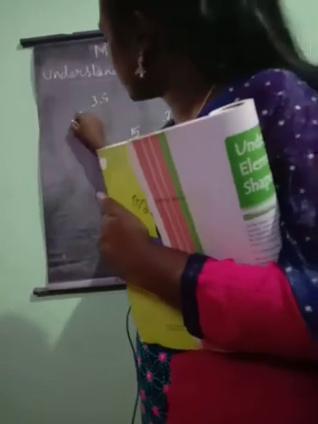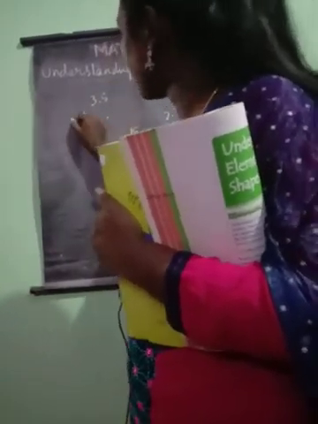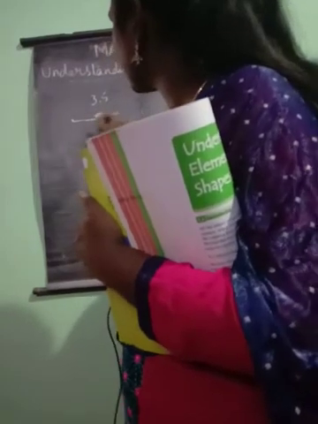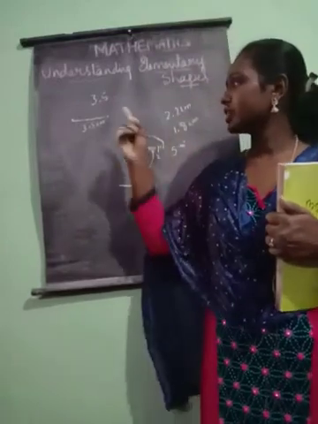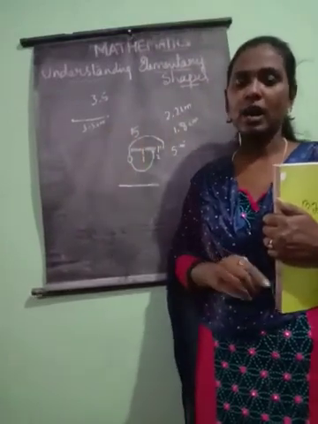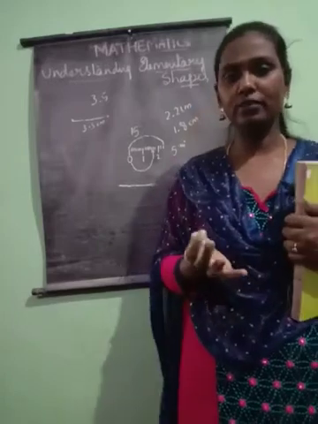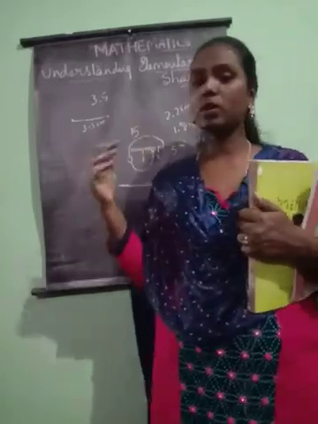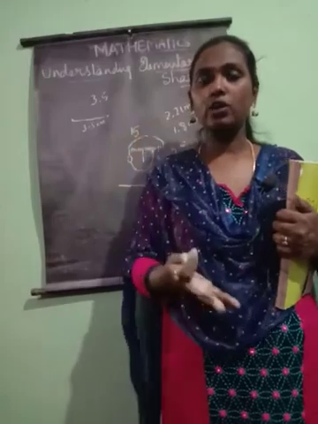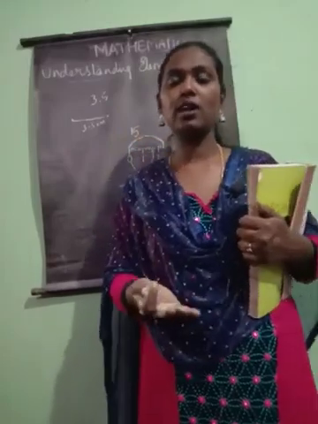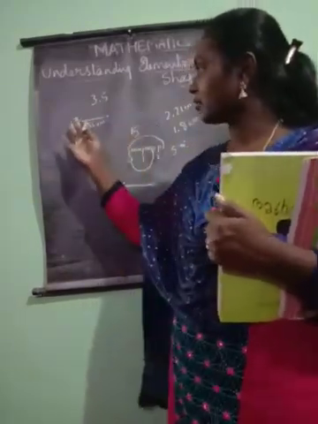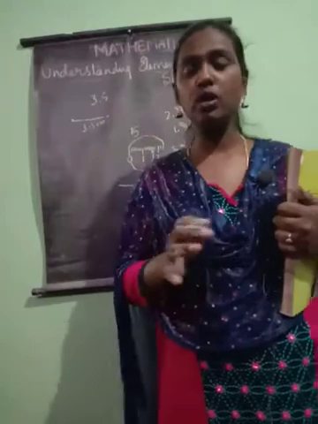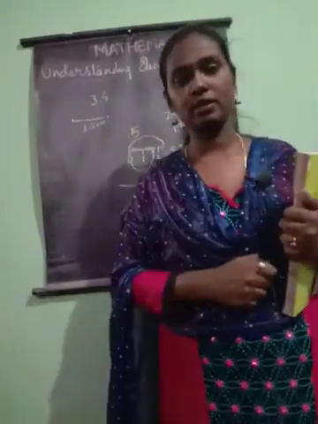If I ask 0 to 3.5, then draw and write 3.5 centimeters. Mention whichever centimeter you have drawn. Otherwise you will get confused and others will not understand what line you have drawn or how many centimeters you took. So after the construction, whatever you do, you have to mention the centimeters.